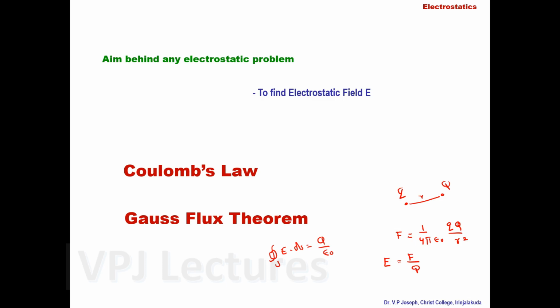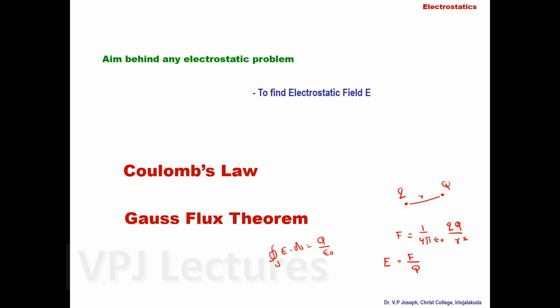So it is a problem of cylindrical symmetry. Then if we consider a capacitor, two parallel plates, we can identify some plane having constant magnitude and direction for the electric field. So that is a plane symmetry.